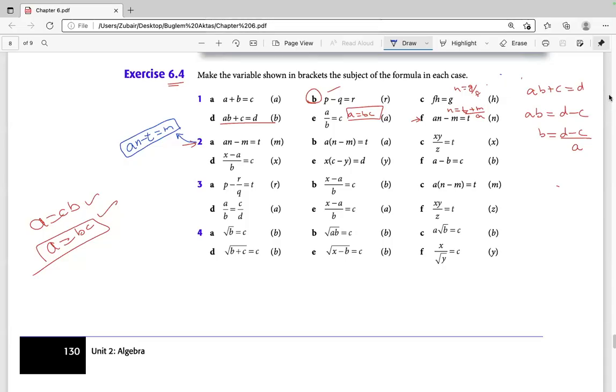B part. Making A the subject. A equals T over N minus M. Correct. C part. Making X the subject.